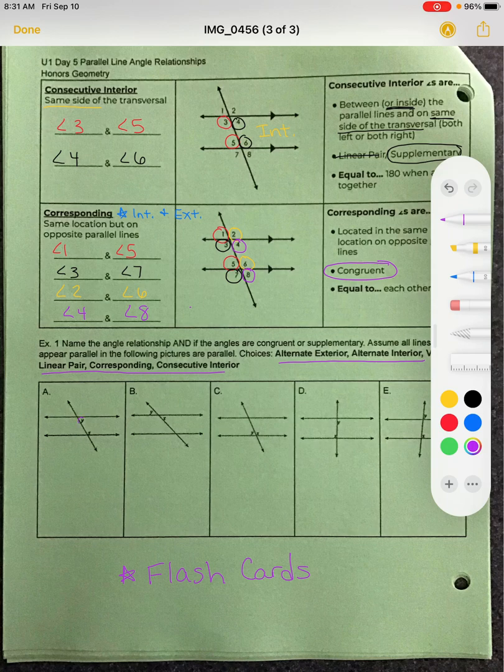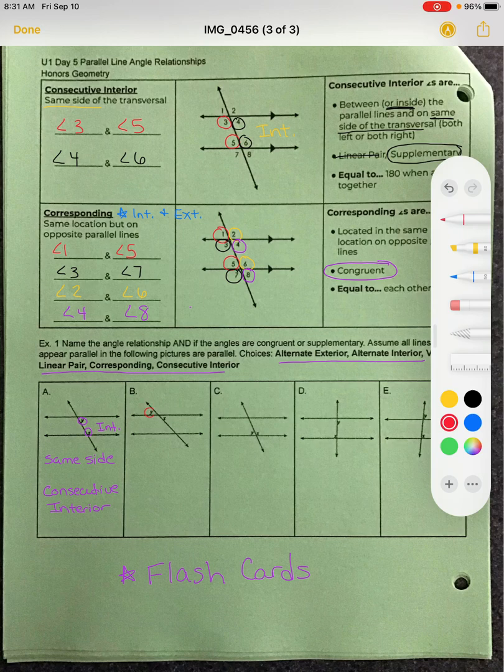Okay, so in this picture, I noticed both these angles are between the lines, so I'm going to say that is interior. And they're on the same side, and interior means they are called consecutive interior angles.